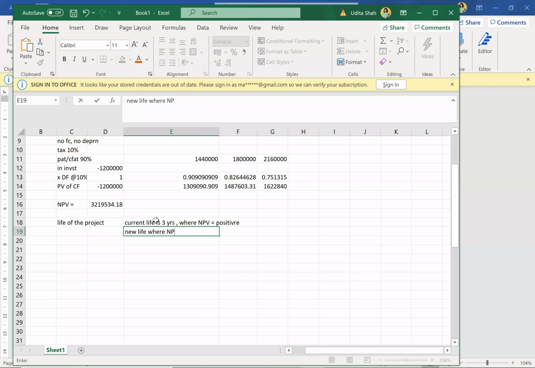So can I say we can use discounted payback period? Because discounted payback period is that period where we recover the initial investment, and when we recover the initial investment, PV of cash inflow is equal to PV of cash outflow. So discounted payback period will give us the new life.